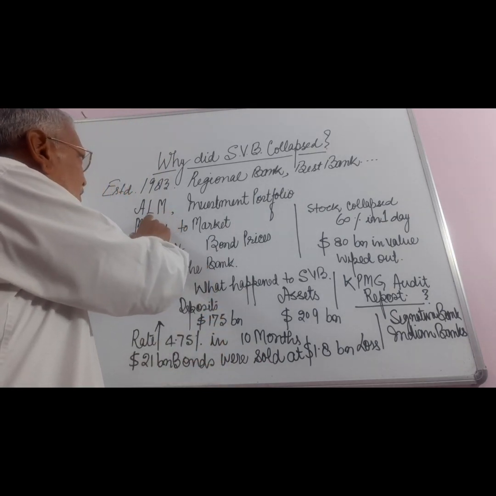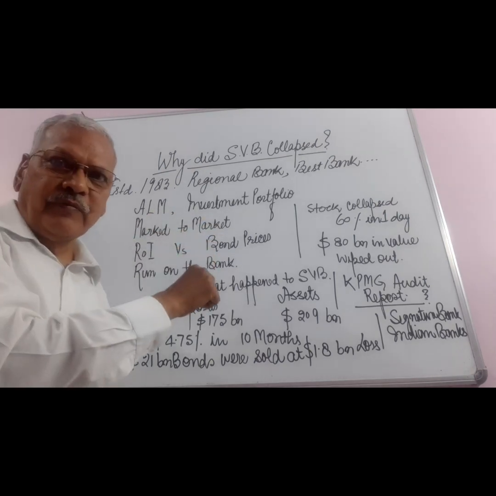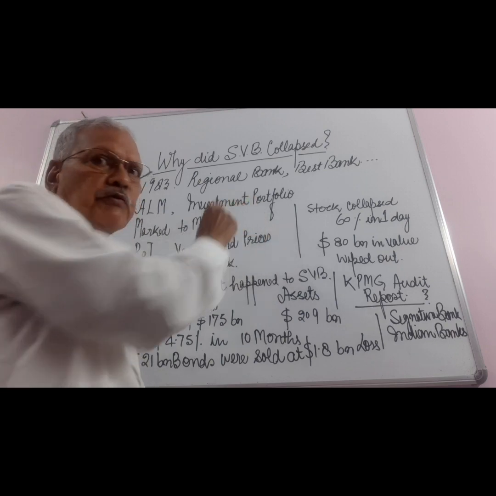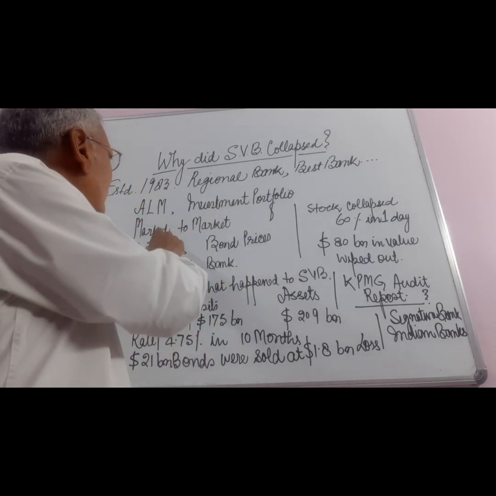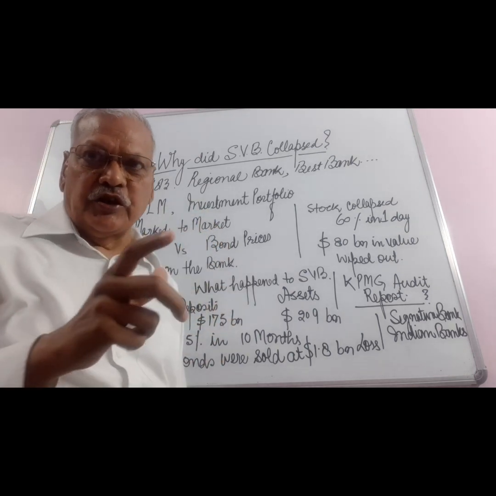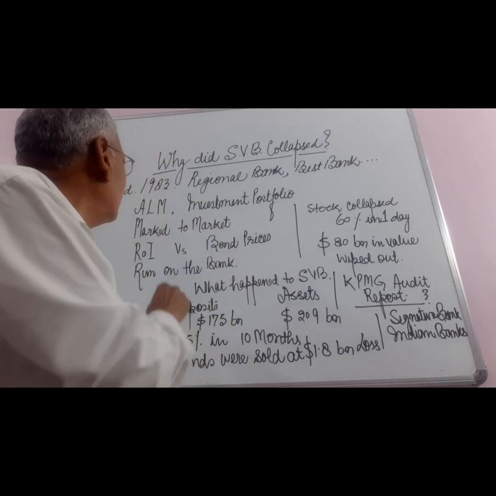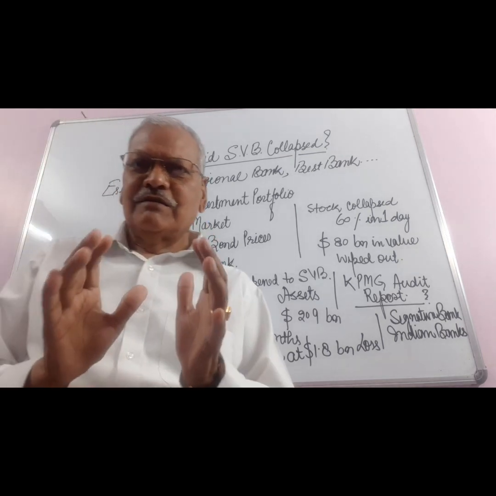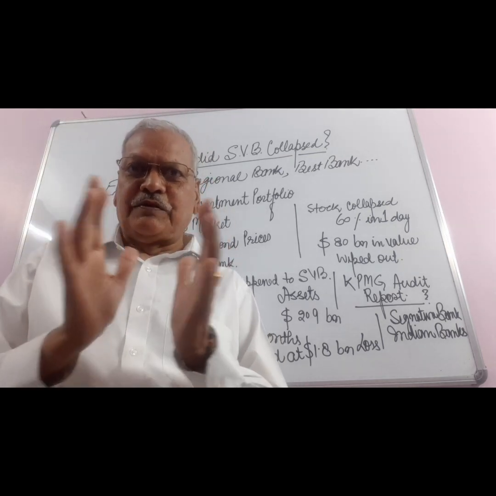these concepts. What is asset liability management? And what do we mean by investment portfolio? The concept of mark to market of the securities, rate of interest and the bond prices.